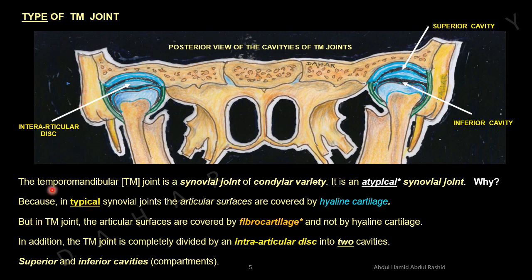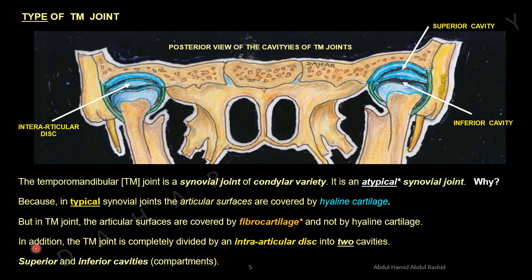Let's talk about the type of temporomandibular joint. The temporomandibular joint, that is the TM joint, is a synovial joint of condylar variety. It is an atypical synovial joint. Why? Because in typical synovial joints, the articular surfaces are covered by hyaline cartilage. However, in the temporomandibular joint, the articular surfaces are covered by fibrocartilage and not by hyaline cartilage.